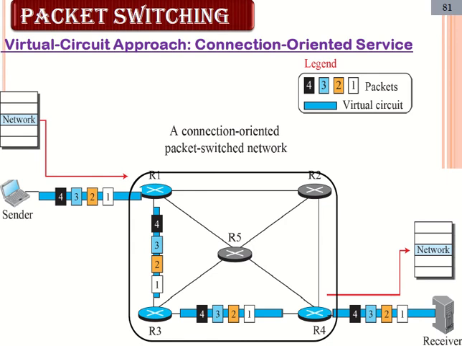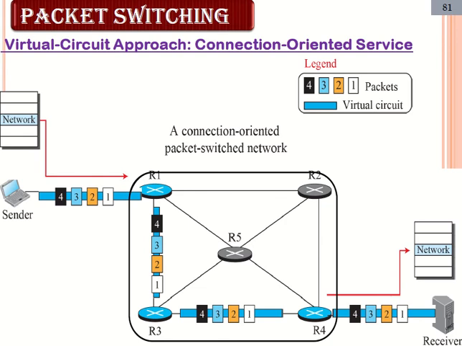The first phase we call the setup phase, where the connection is established. The second phase is data transfer. The third one is tear down. In the setup phase, as I said, the source and destination addresses of the sender and the receiver are used to make the table entry for the connection oriented service.